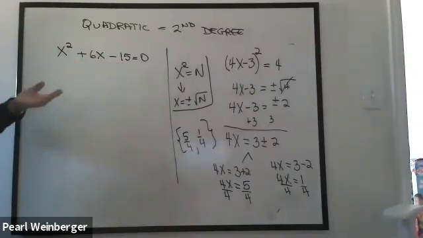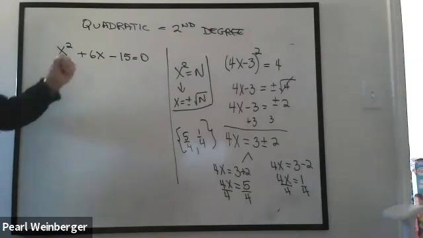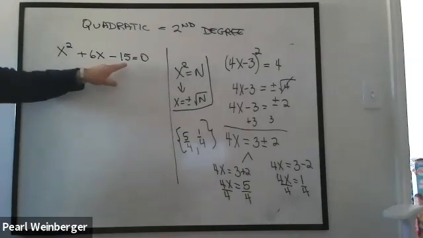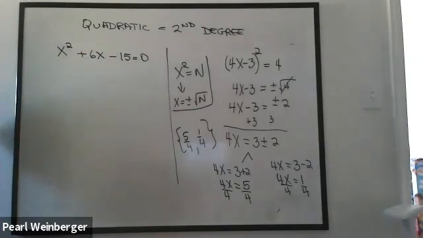And if you notice, I really can't factor this because this is negative, which means one number is going to be positive and one number is going to be negative. I'll need two numbers that when I multiply them will give me 15, and when I subtract them will give me 6. And I can't think of anything. The numbers are either 1 and 15 or 3 and 5. Neither of them, when you subtract them, give you 6.